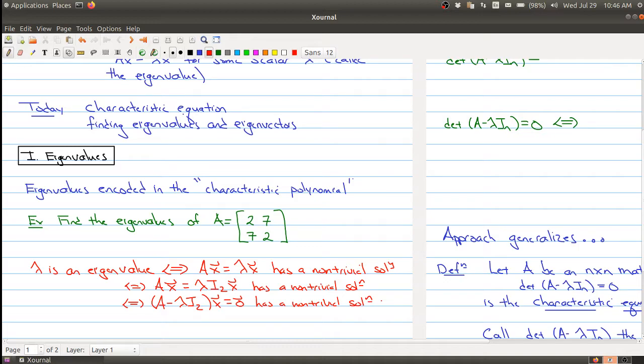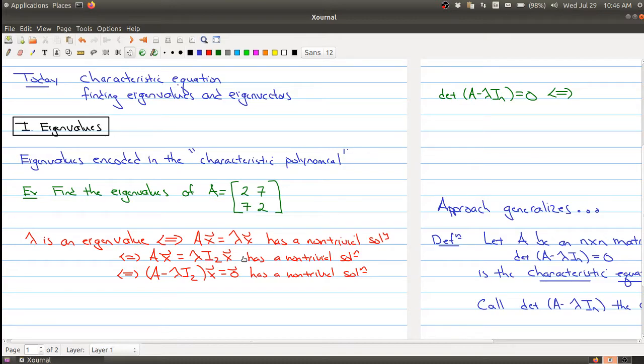So we want to decide whether lambda is an eigenvalue, and we have to check whether this system has a non-trivial solution. There's a bunch of different ways you can do it. You can try to row reduce your matrix and count the number of free variables. But what we're really interested in is an existence question: yes or no, is there a non-trivial solution?